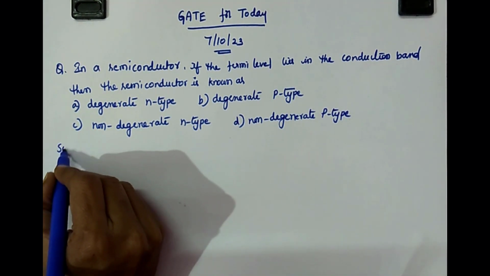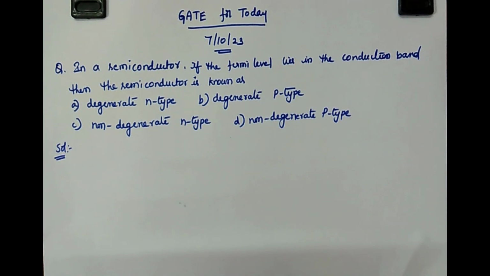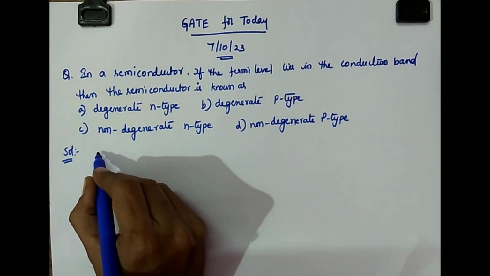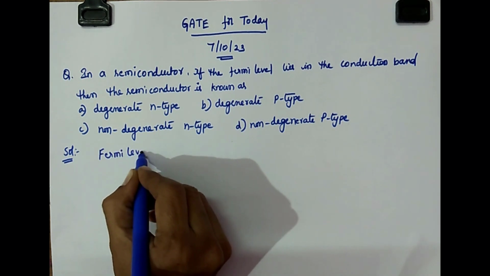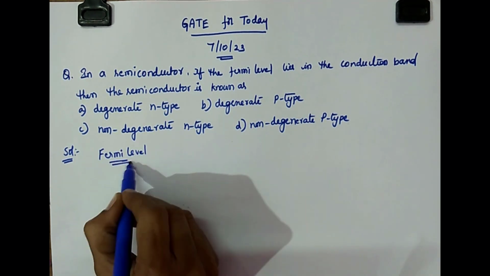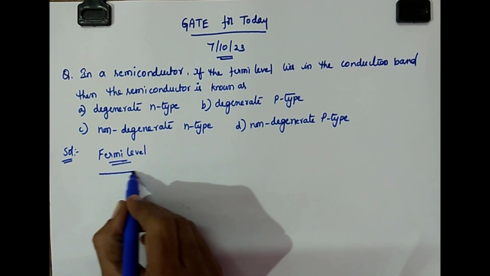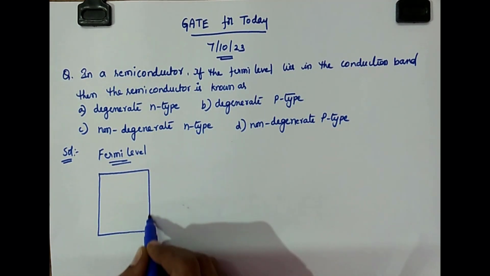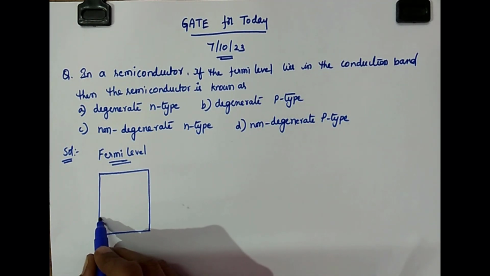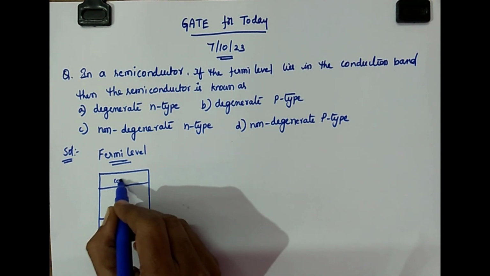Now, I'll see the answer with the explanation. I'll start the answer with Fermi level. To understand this Fermi level, let me draw the energy band diagram of a semiconductor. This is the conduction band.